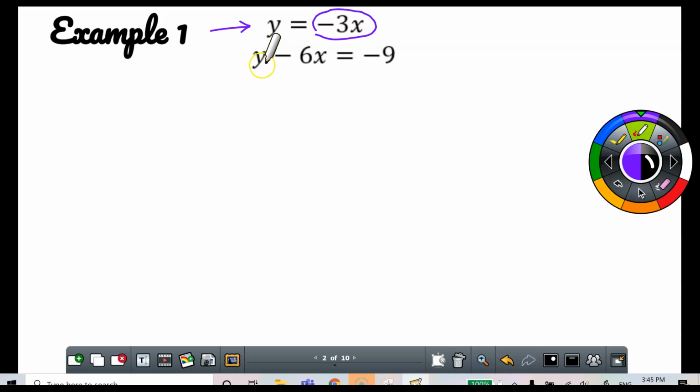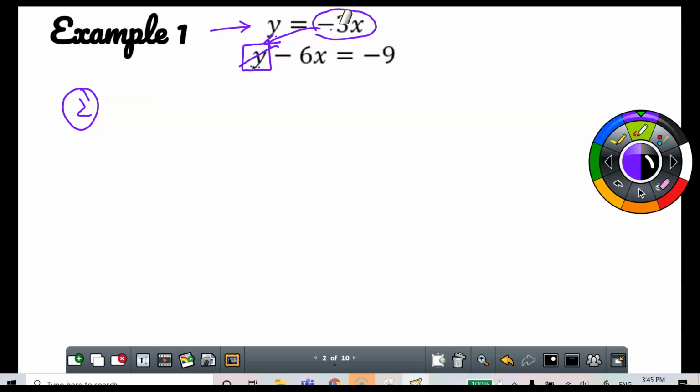And in the second equation, you'll see a y. So instead of putting y here, you can put negative 3x in the place of y because they equal each other. So you can exchange between them. Okay? Because we're changing something in the second equation, we're going to rewrite the second equation, which is y, but you don't put y there.